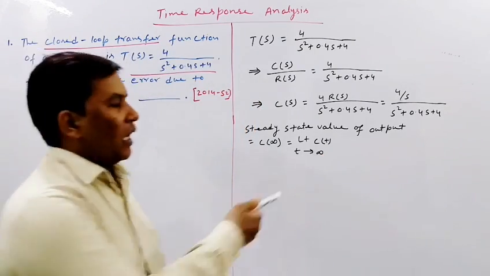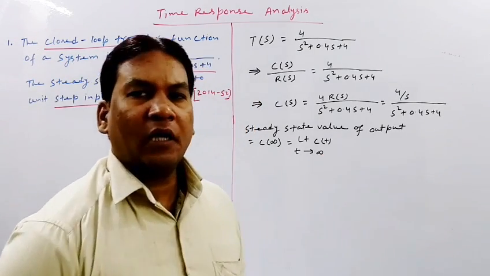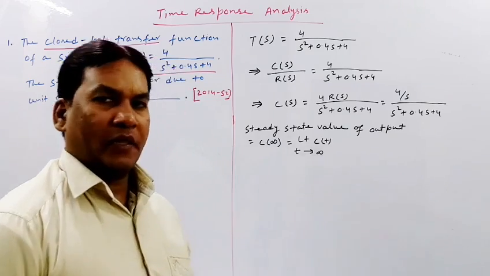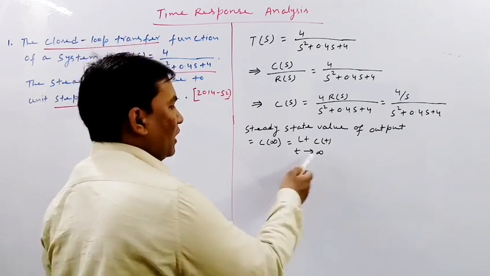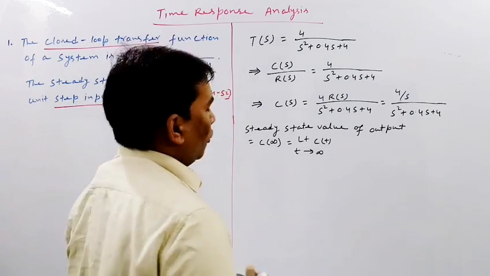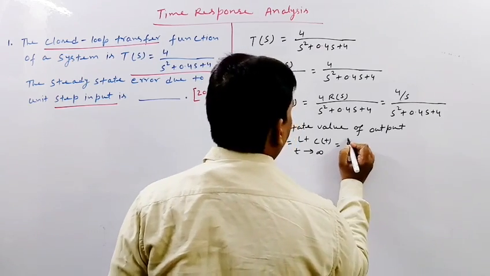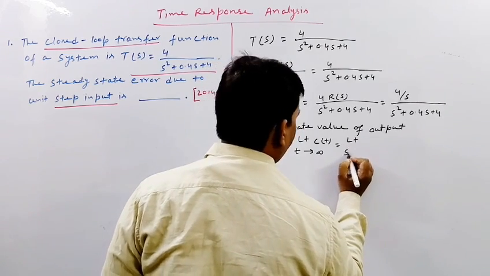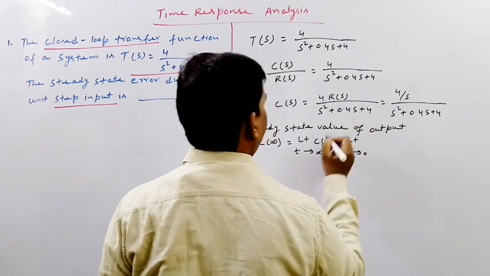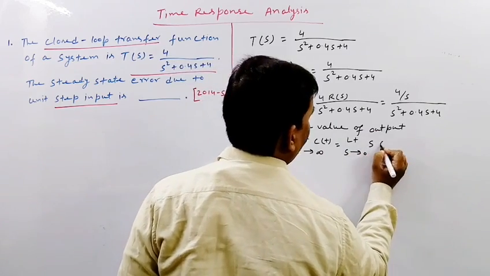Now here we have to apply the final value theorem of Laplace. So if we apply the final value theorem, it will be nothing but limit s tends to 0 of s C(s).